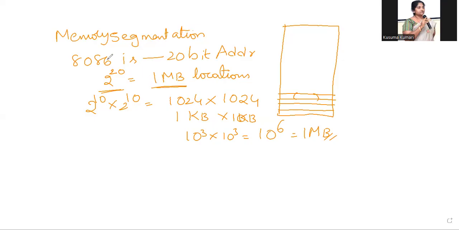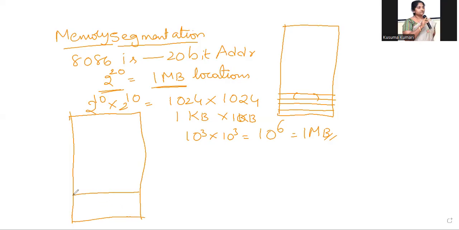Now, what is memory segmentation? Memory segmentation means this 1 megabyte of memory is divided into some segments. The main segments are 4 segments: data segment, code segment, stack segment, and extra segment.